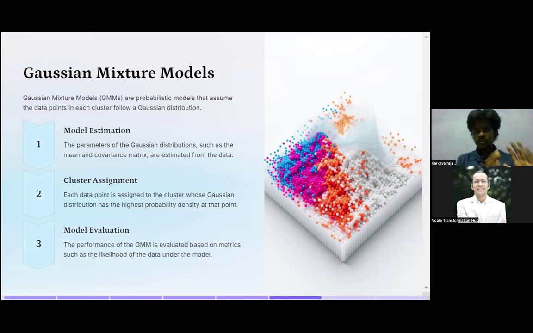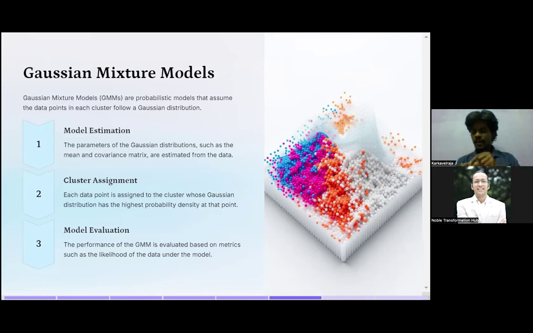I will put it in a simple manner. It is a probabilistic model. Whenever we have a data set, consider we randomly choose that this data set is going to have nearly 5 clusters. Now I take a single data point and find the probability of it belonging to each of the 5 clusters. Cluster 1, what is the probability? 2, 3, 4, 5.